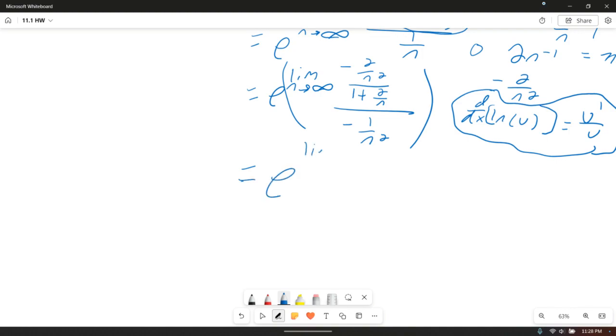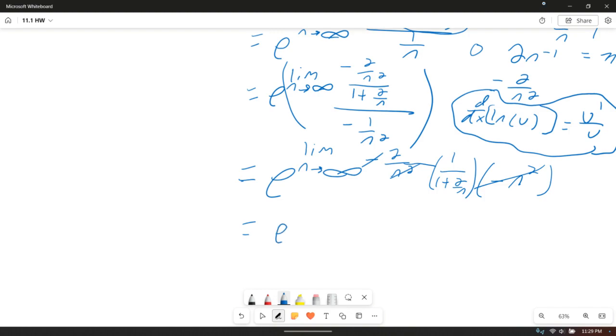So this is e to the limit as n approaches infinity. Let's clean this up a little. Negative 2 over n squared divided by 1 plus 2 over n is the same thing as multiplying by 1 over 1 plus 2 over n, and dividing by negative 1 over n squared is the same thing as multiplying by negative n squared. We can see the negatives cancel out and the n squareds cancel out.